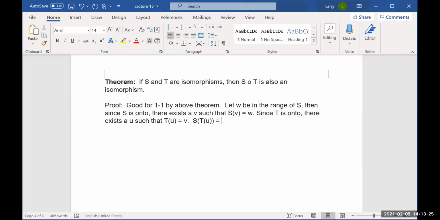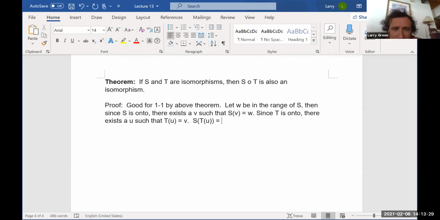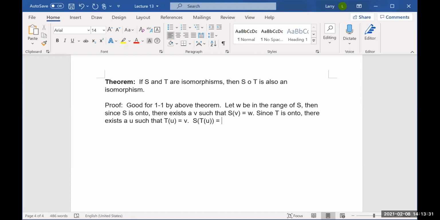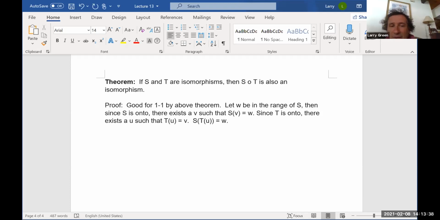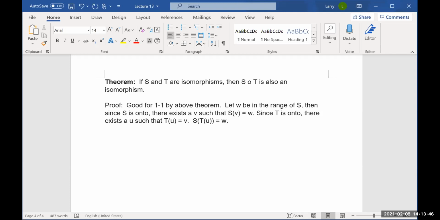Who can tell me? S of V. That's true, but even better, even simpler, W. It's just equal to W and we're done. That's it. Because remember, to show something's onto, you have to say if something's in the range, then you can find something in the domain that gets mapped to that range space. Does that make sense? And that's it.